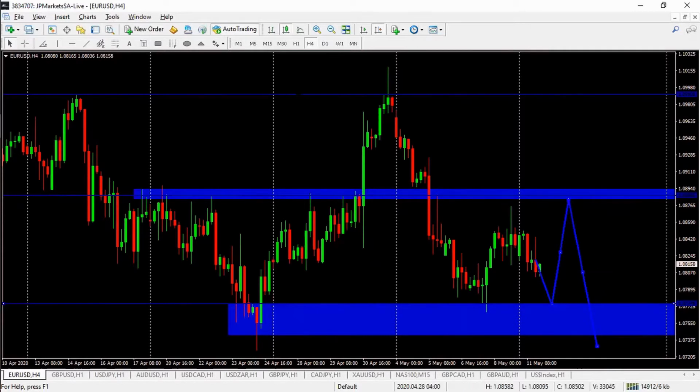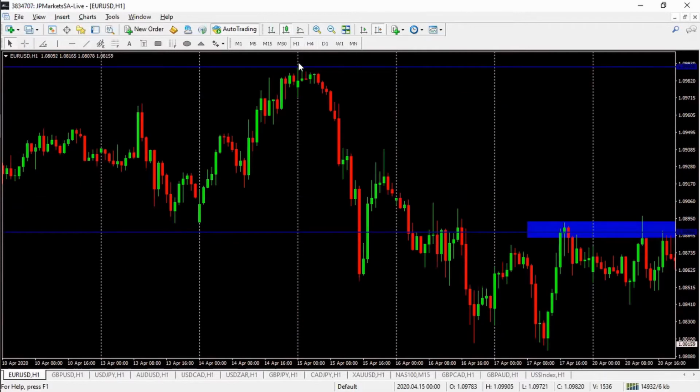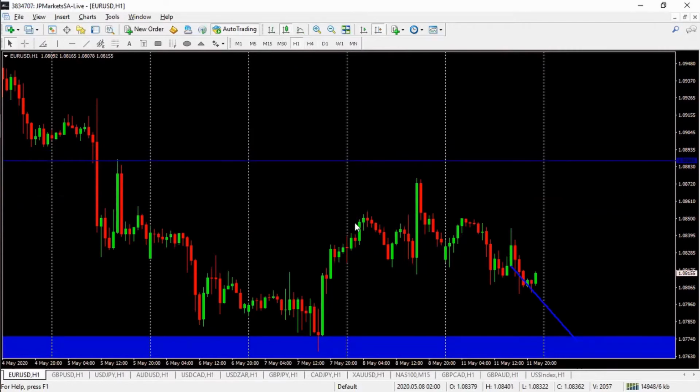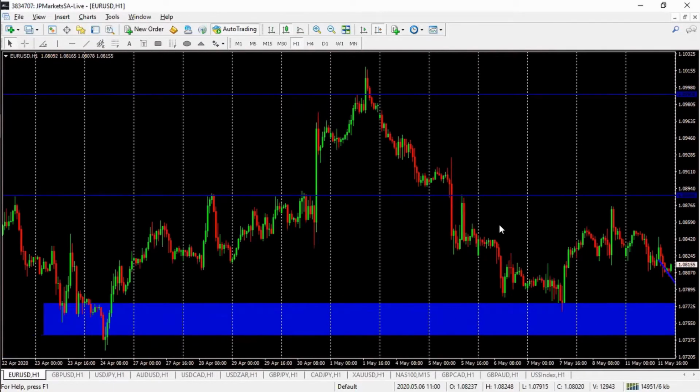Now let's move to a smaller time frame, which is the 1-hour time frame, to see if what we are breaking down on the 4-hour is working out on a smaller time frame. Okay.